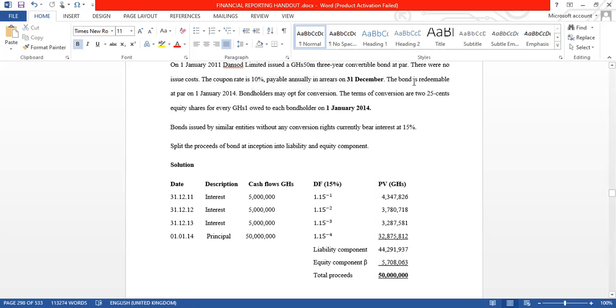The bond is redeemable, and the fact that it's redeemable gives you an example of a debt instrument. Note that, at par on 1st January 2014.